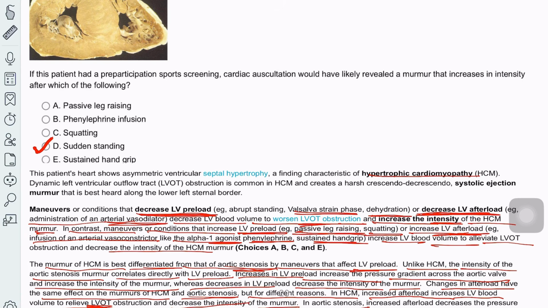In aortic stenosis, increased afterload decreases the pressure gradient across the aortic valve and decreases the intensity of the murmur. So in a nutshell, basically whenever the preload increases, the intensity of the HOCM murmur decreases because the cavity opens and the outflow tract obstruction is relieved. On the other hand, there is no change in the aortic stenosis murmur on changing the preload.